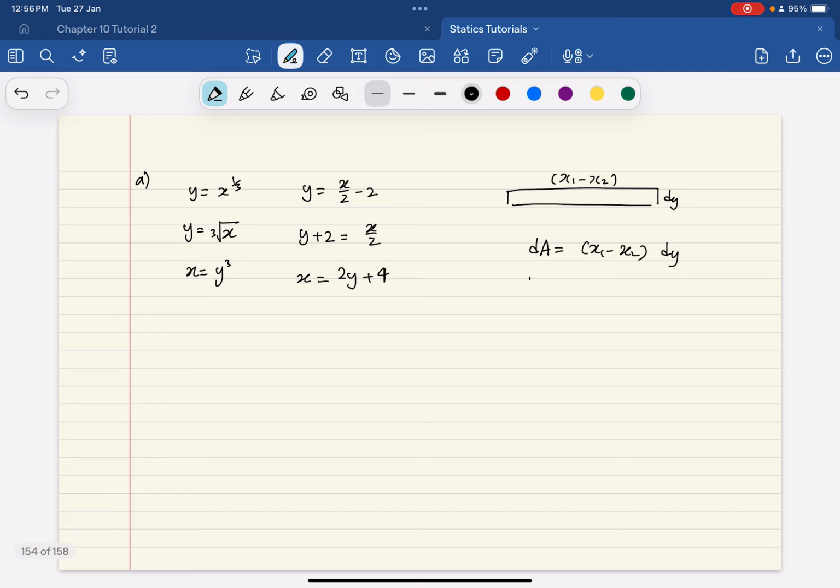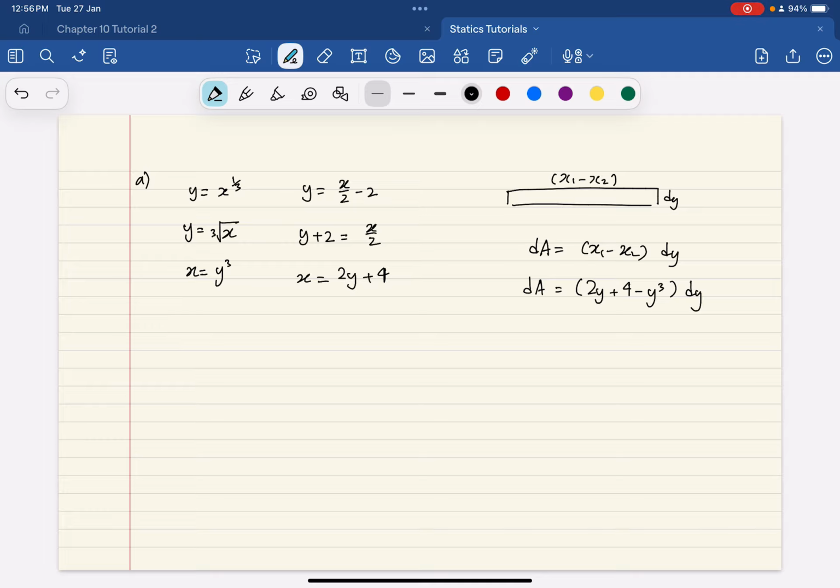So therefore your dA would be 2y plus 4 minus y cubed dy. That's your dA.